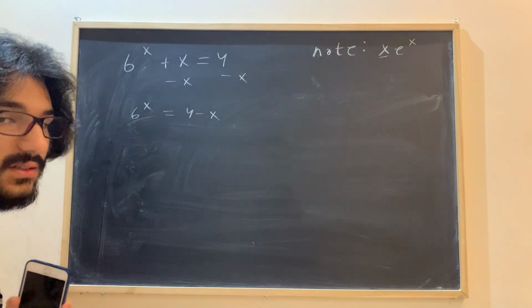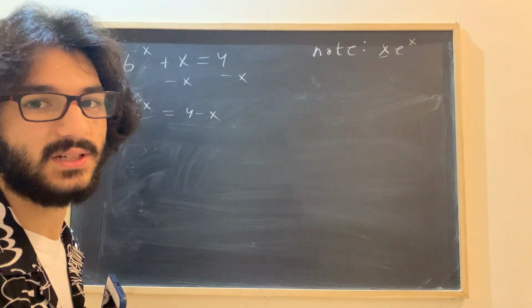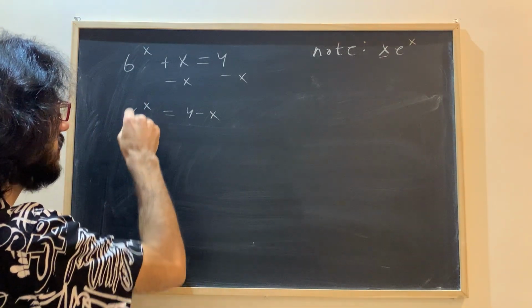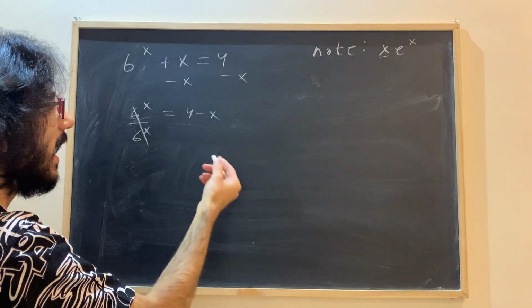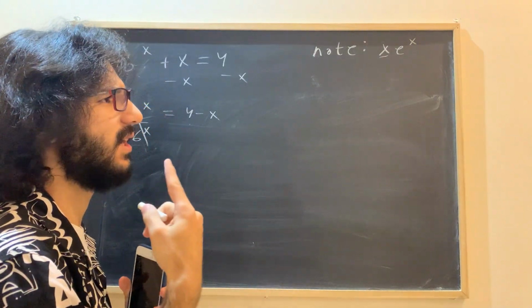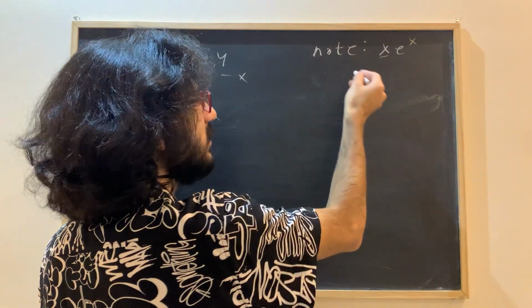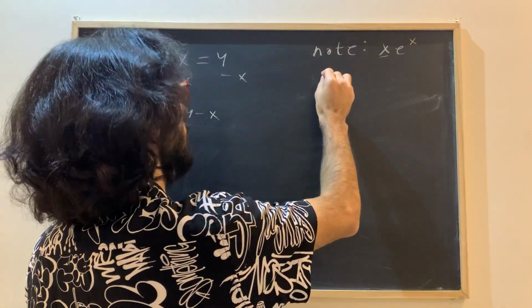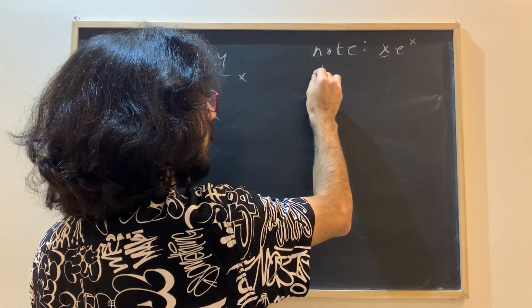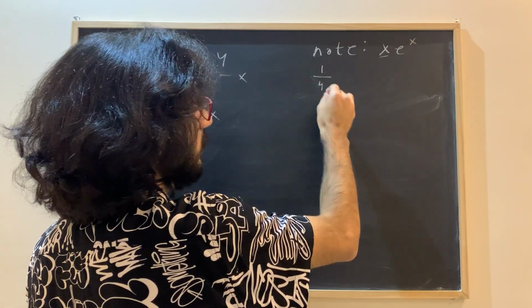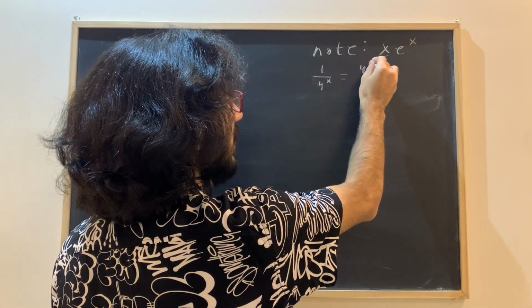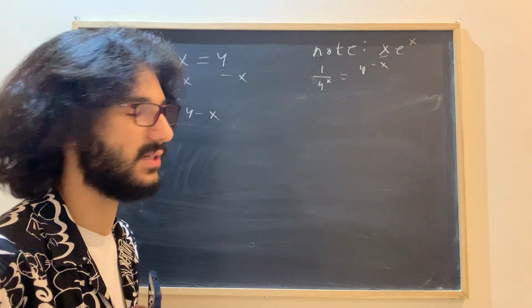The next step is interesting, because personally I never thought of doing this, but you can divide by 6 to the x on both sides, and because of the properties of exponents, if you remember, 1 over 4 to the x can be rewritten as 4 to the negative x. That's what we're going to use here.